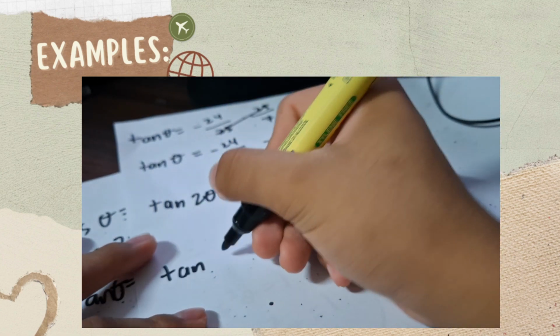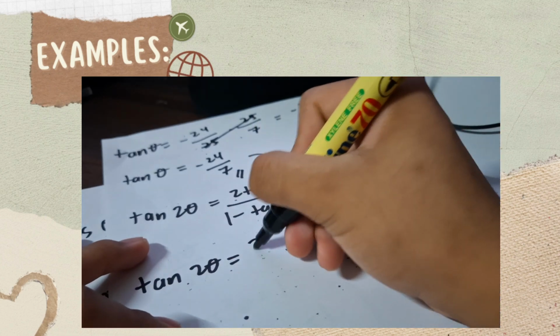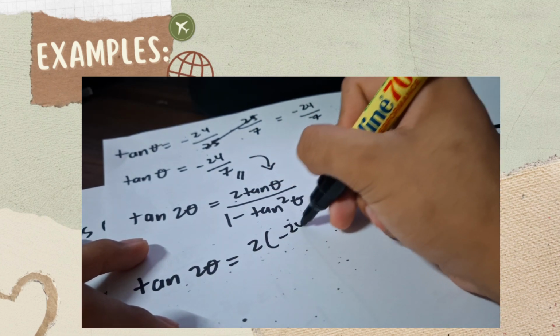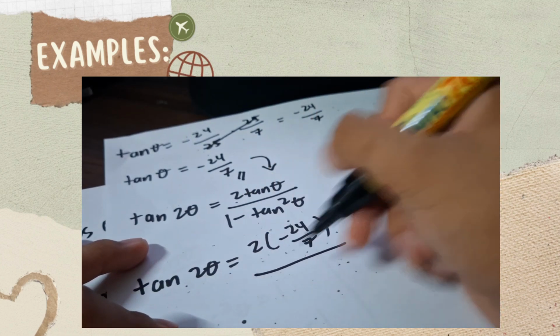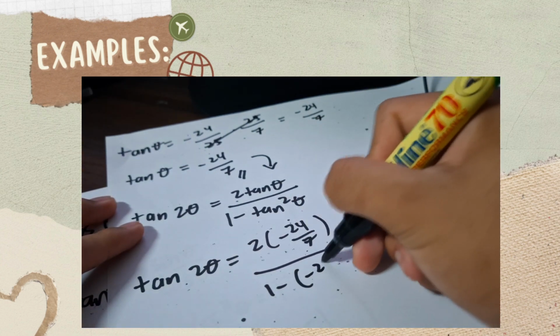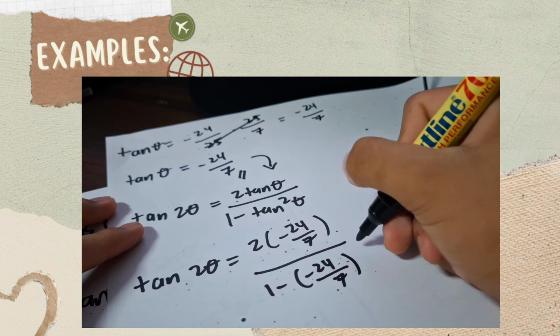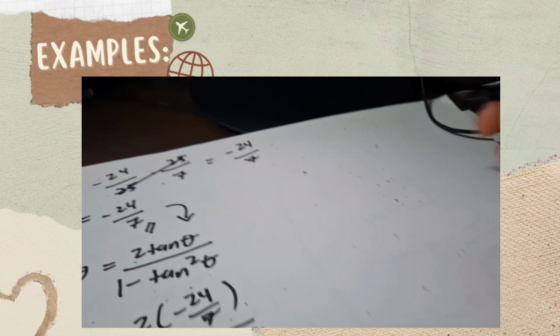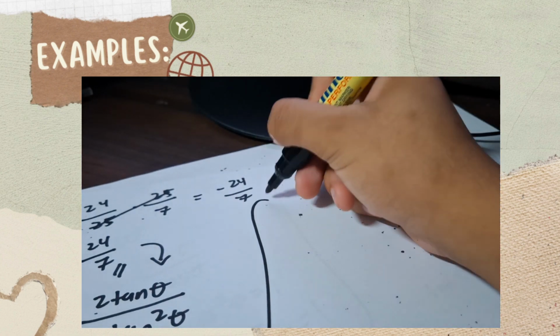So it will be tan 2 theta is equal to 2 times the value of our tan, which is negative 24 over 7, all over 1 minus the square of this, negative 24 over 7. Then let's move over to the other side.